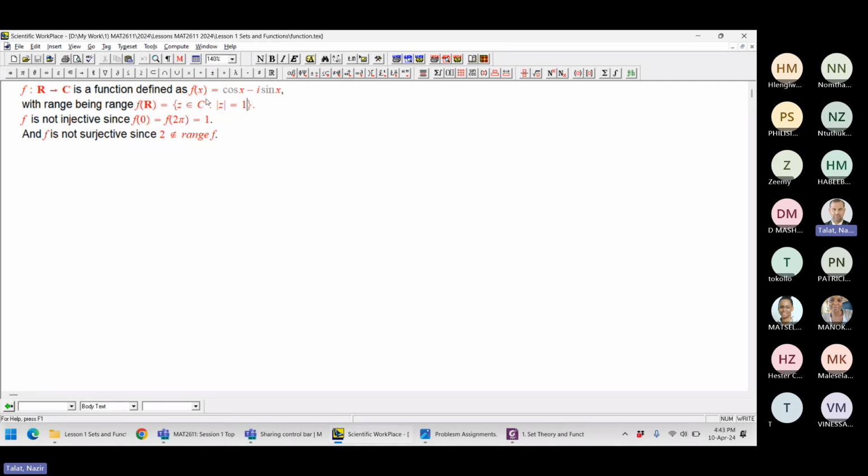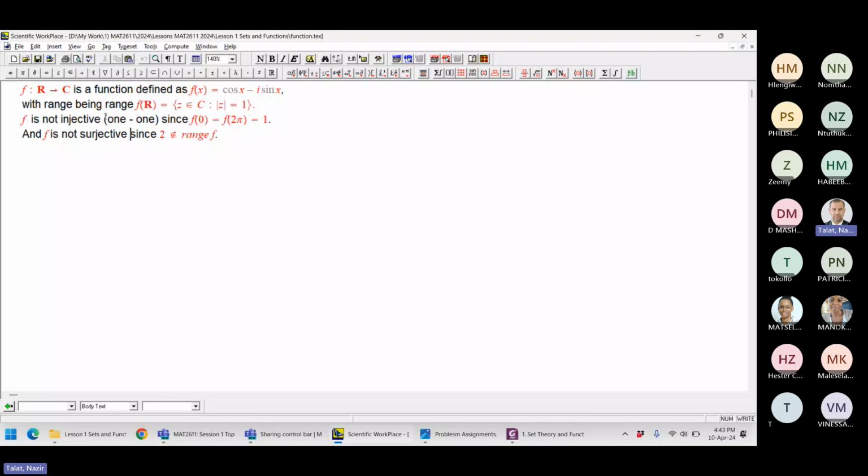And remember, this means that the function is repeating its values on the entries of the domain. So f of 0 is the same as f of 2 pi, where 0 is not equal to 2 pi. This means that this function is not injective. Injective means 1-1, so this function is not 1-1.